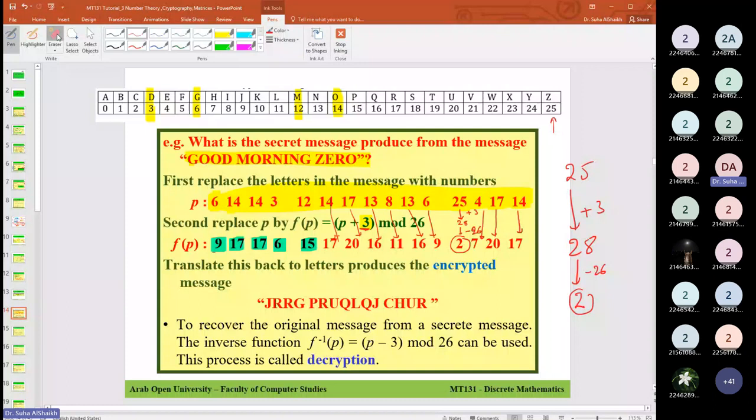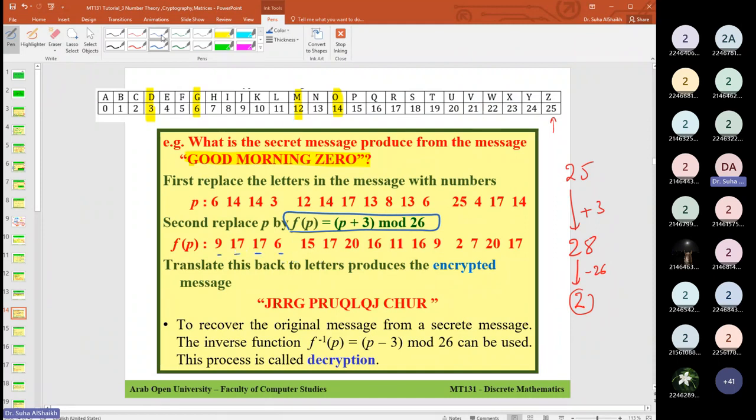So the first step, we change each letter into a digit. The second step, I apply the function. The function here is plus 3. So this will give me new numbers.